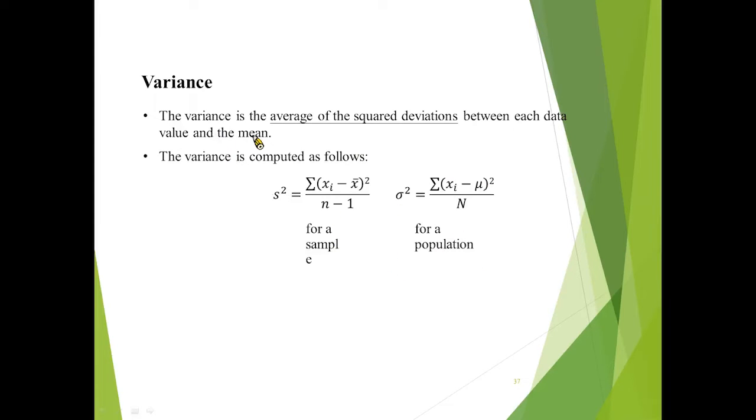So variance is the average of the squared deviations between each data value and the mean. The variance is computed as follows. The first one is for the sample, and the next one is for the population. So you can see some differences.